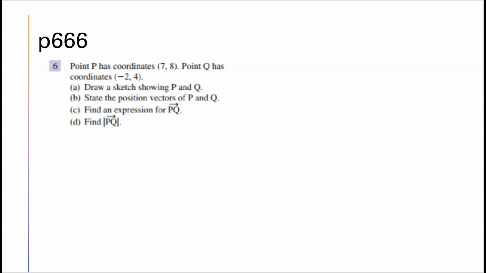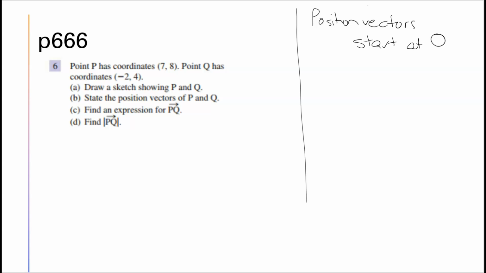Now, we'll just go on a little bit about position vectors first. And they start at the origin. I mean, that makes sense that they start at the origin.